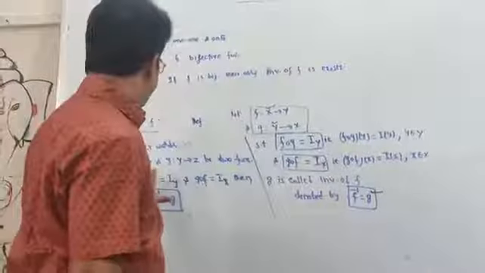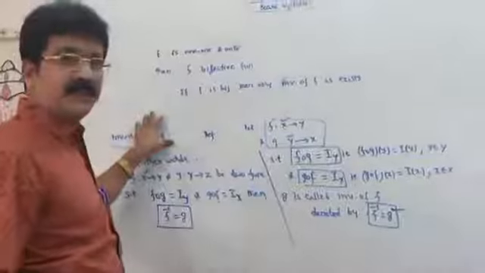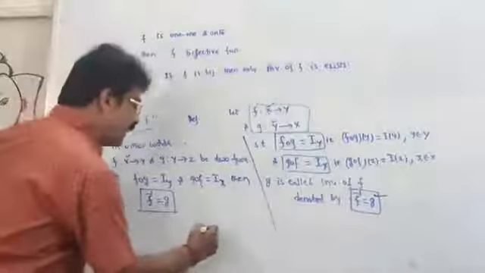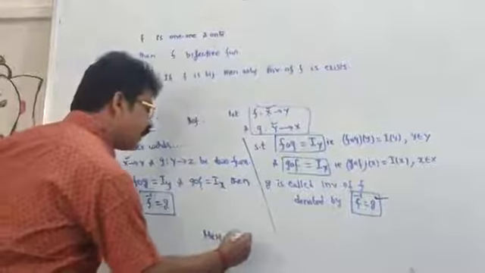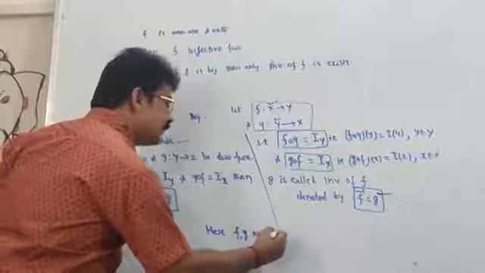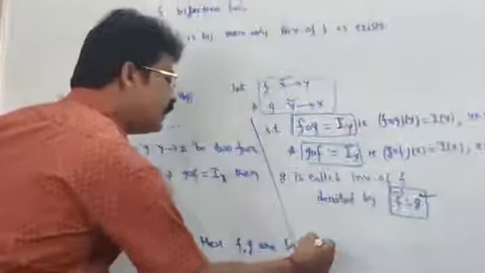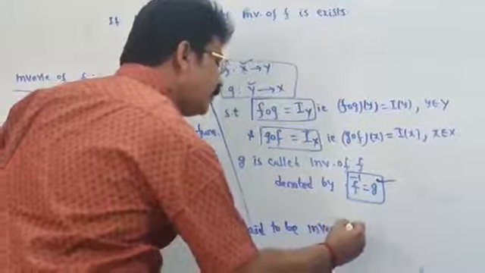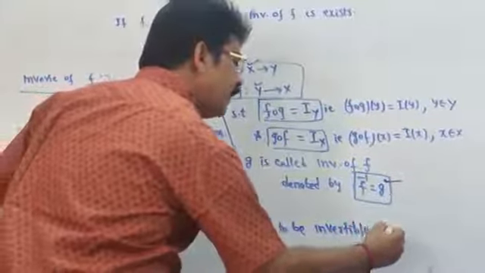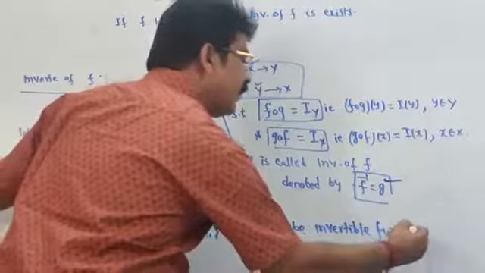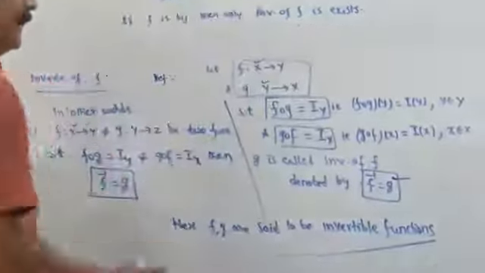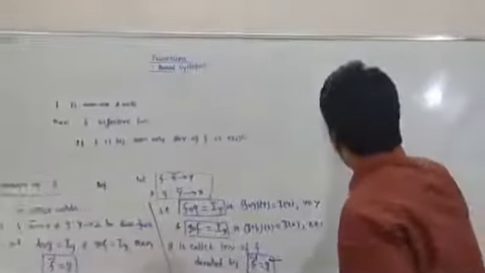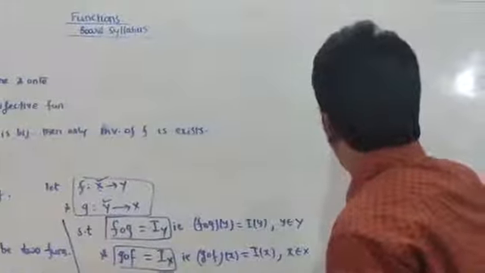So both are definitions for the inverse of the given function f. Therefore f inverse equals g, and here f, g are said to be invertible functions. Now, what is f inverse circle f?